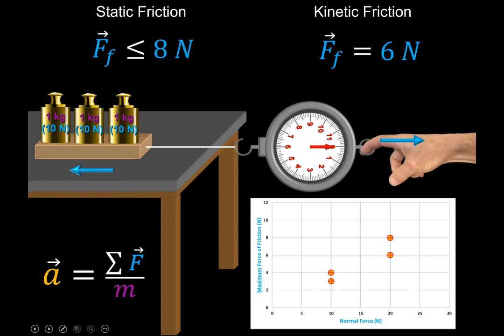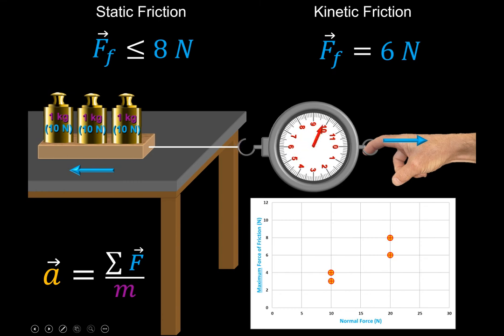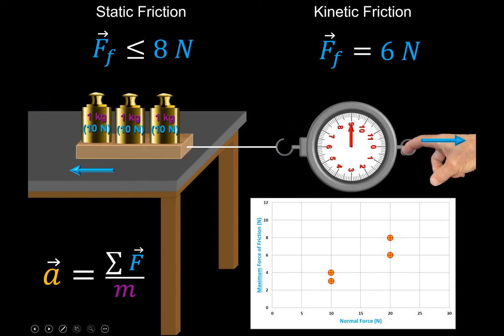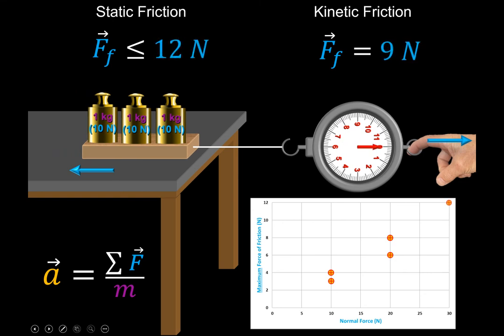We do it again. We're increasing the mass, which increases the force of gravity, which increases our force of normal. And again, our static friction goes to 12, and then kinetic friction goes to 9.